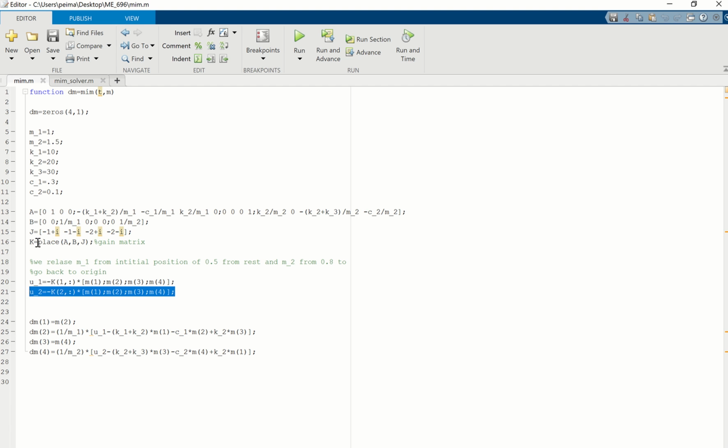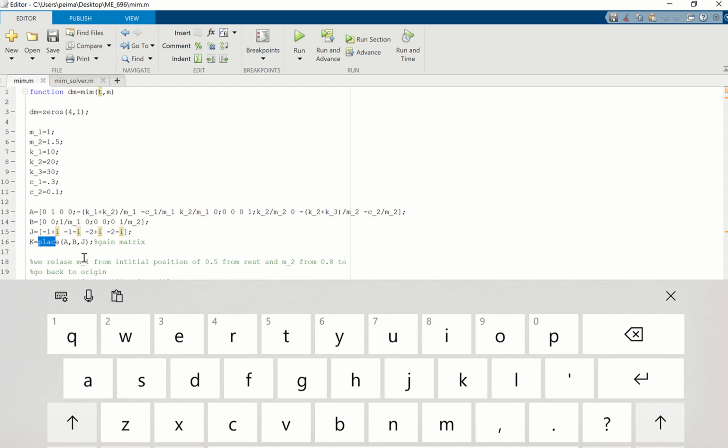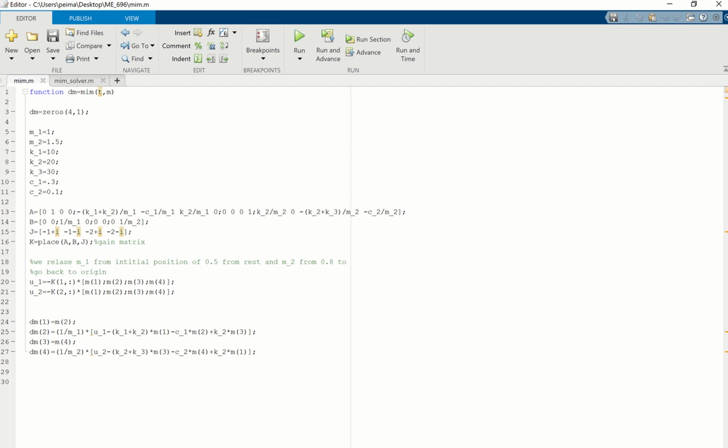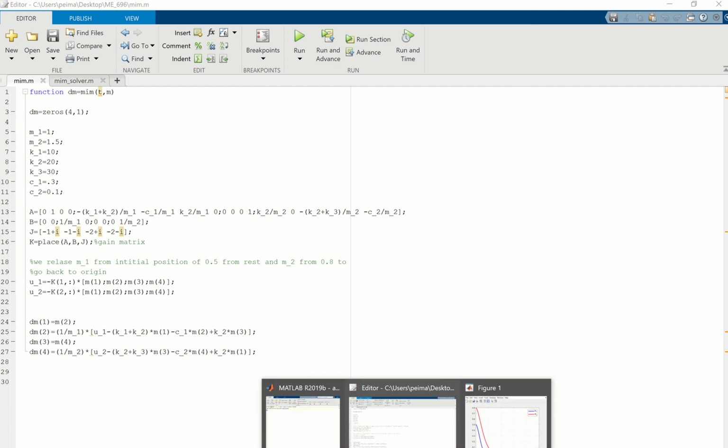In MATLAB, you have to use the place command instead of acker. So J, the desirable poles or eigenvalues of the system, is a pair of complex conjugate poles, meaning that as a design engineer, based on your boss's requirement, you want to design underdamped systems.